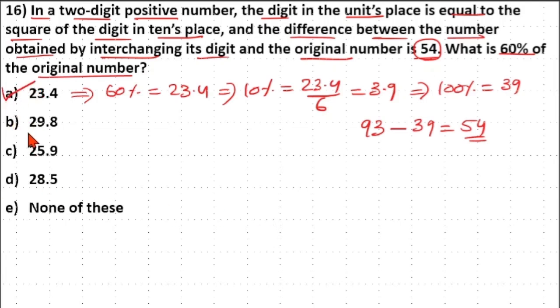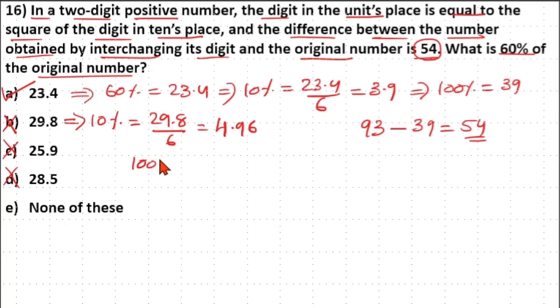Same way, if you look at the other options, 29.8, 25.9, 28.5, the unit digits are 8, 9, 5, which are not divisible by 6. So options B, C, D are wrong. Because here 60% is 29.8 means 10% is 29.8 divided by 6, which is equal to 4.96.